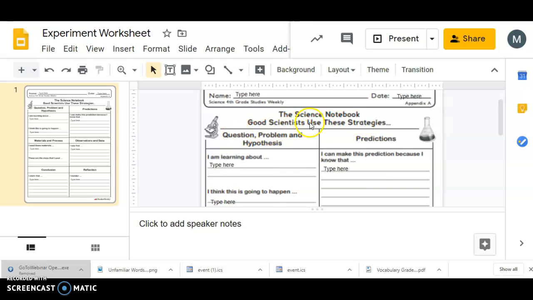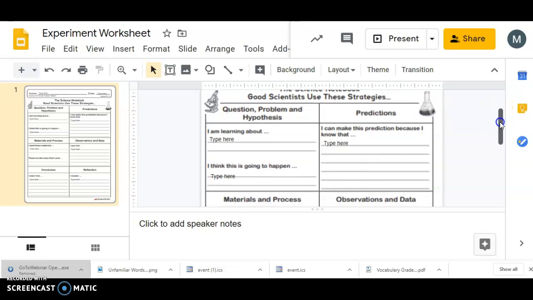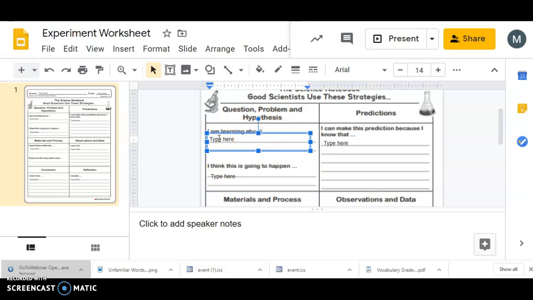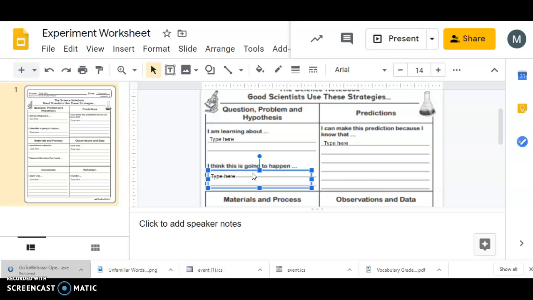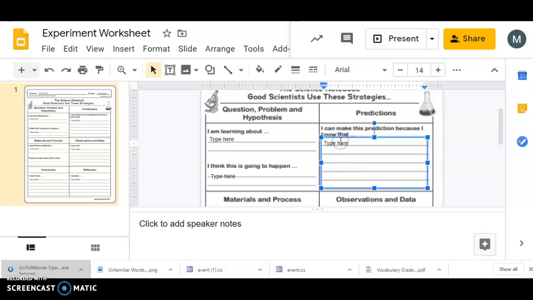You're going to be a scientist, so you're going to be a good scientist and use these strategies. You're going to write the question, problem, and hypothesis. That is what you're thinking about and what you think is going to happen. You're going to write, I am learning about, and here, you see type here, and of course the blue box pops up. You know what to do. Backspace that out, type in your answer. Same thing, I think this is going to happen. That is your hypothesis.